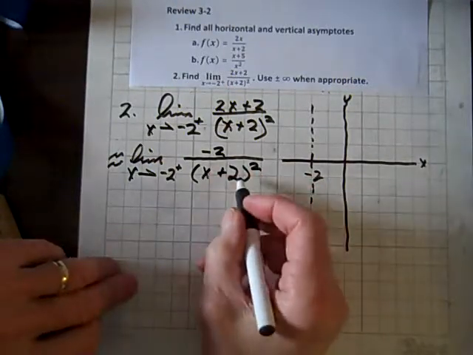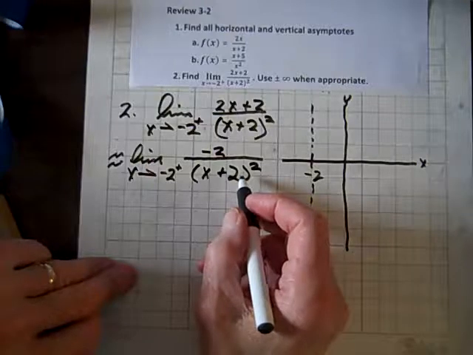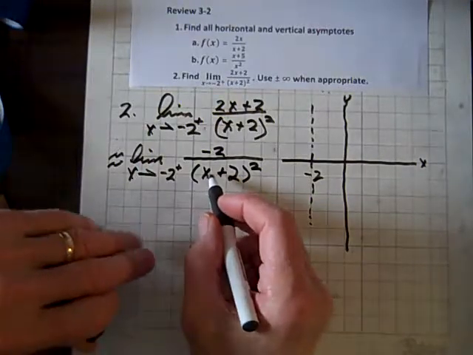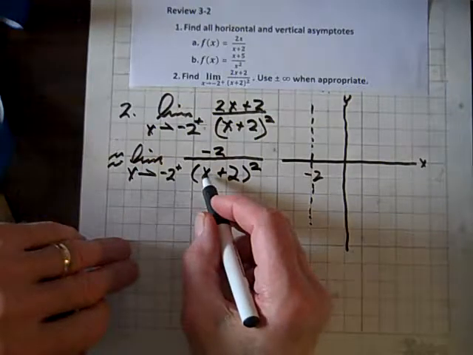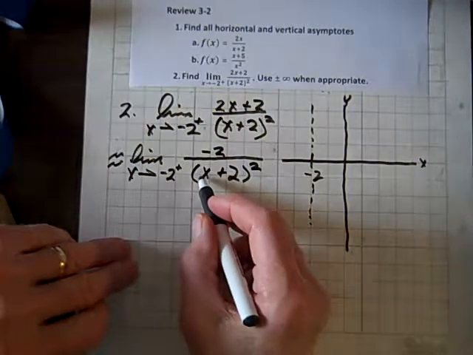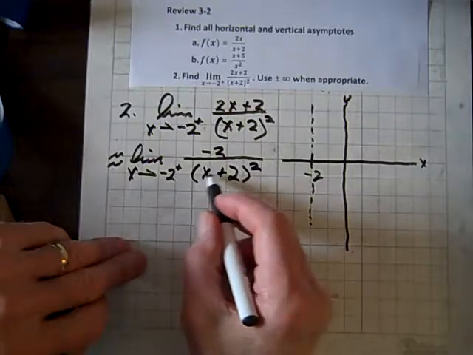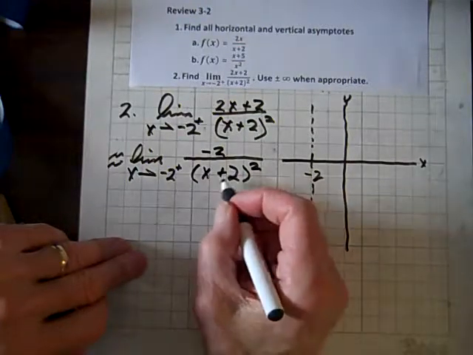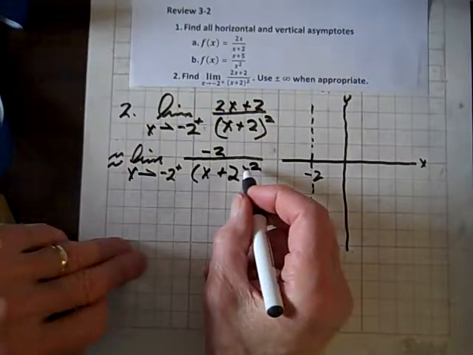Now, as x goes to -2 from above, will you agree we're going to hit -1.9, -1.99, and so on, and this difference is going to approach 0. And it's always going to be positive.